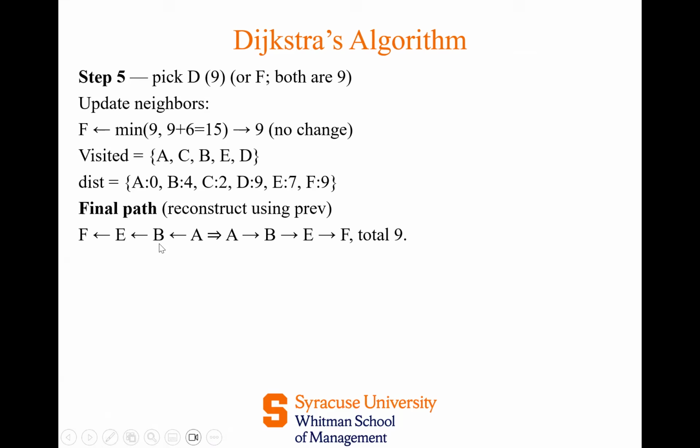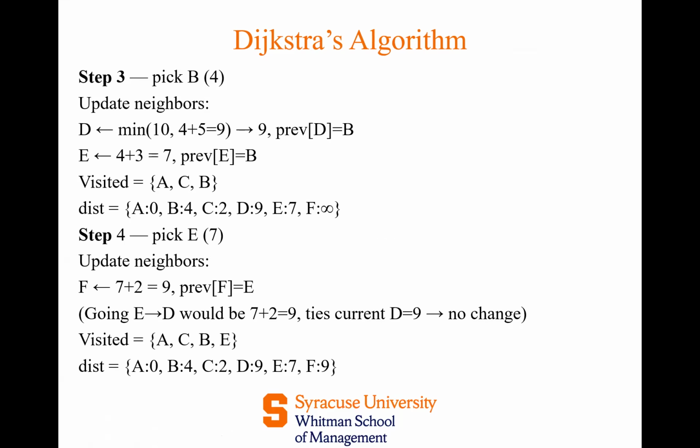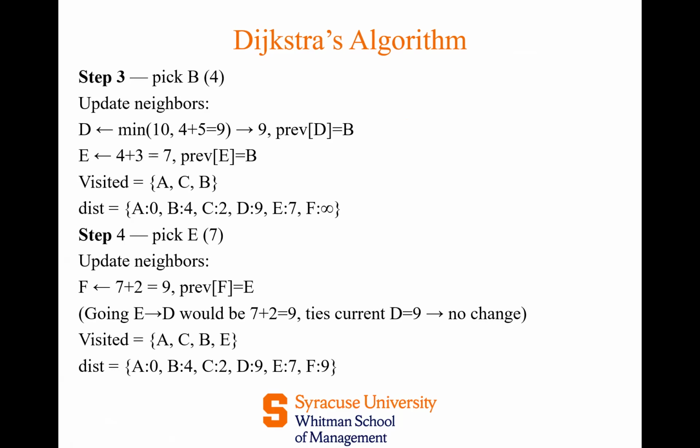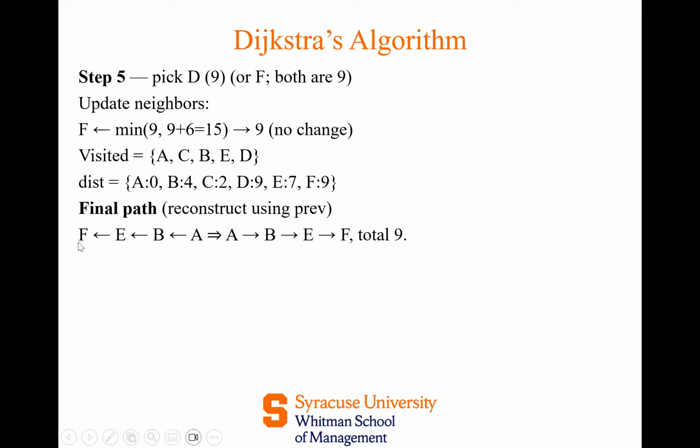And then before that, step number 4, how did we get to the F, right? That's the important question. So F, we got it through E. The previous of F is E.